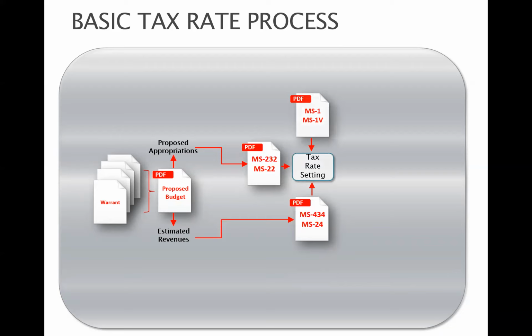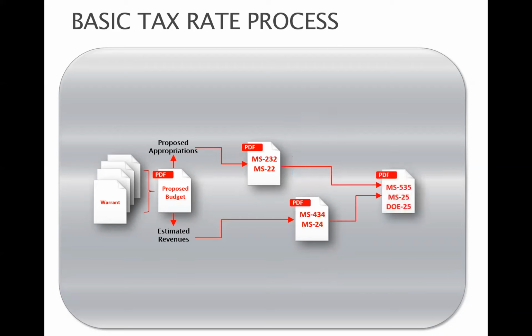In the following year, your actual expenditures and actual revenues from this cycle get reported on the MS 535 or the MS 25 for schools. So what we're going to cover today is just the revised estimated revenues process. It's relatively straightforward, but we want to make sure that everybody understands it.